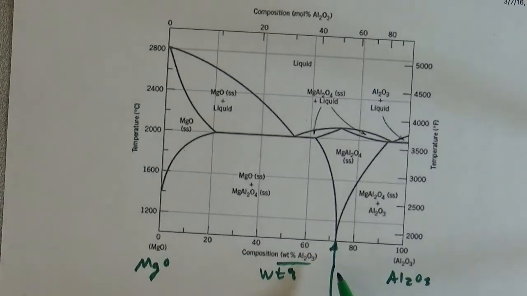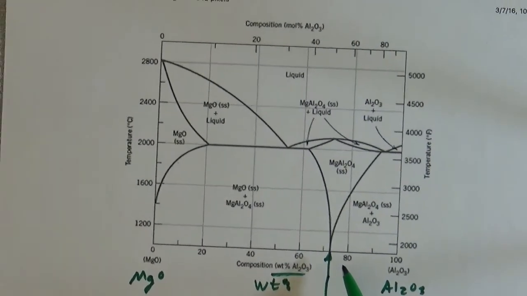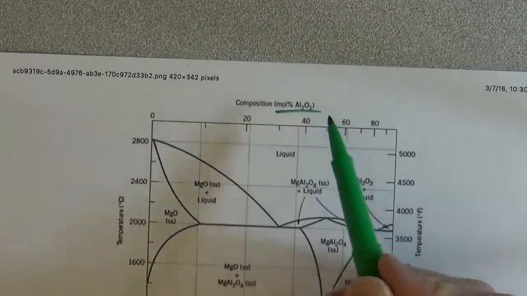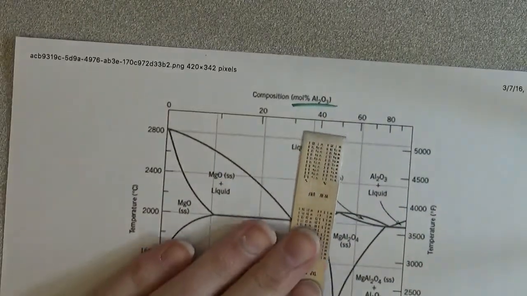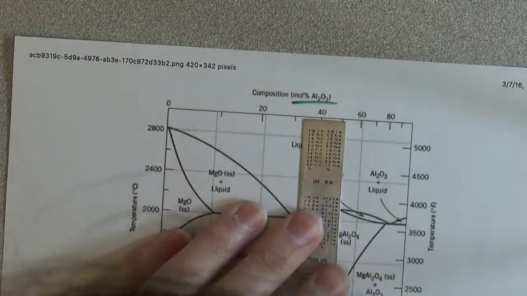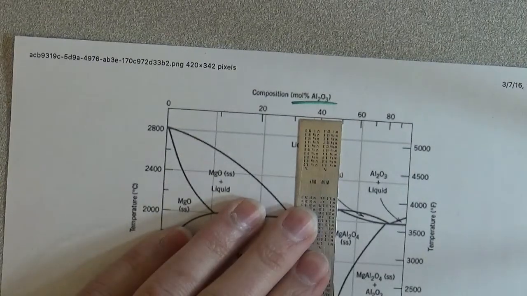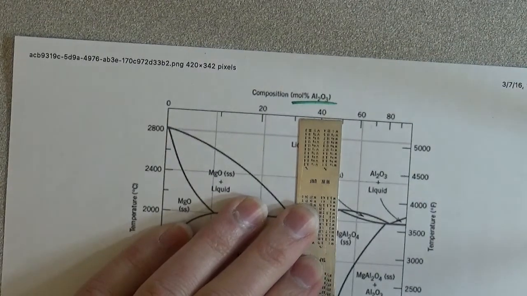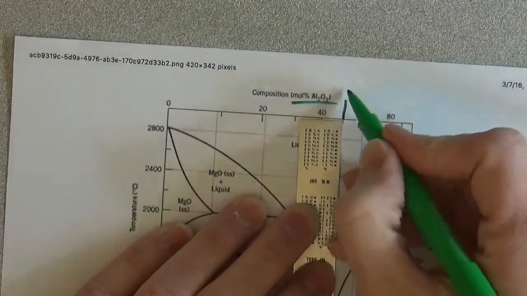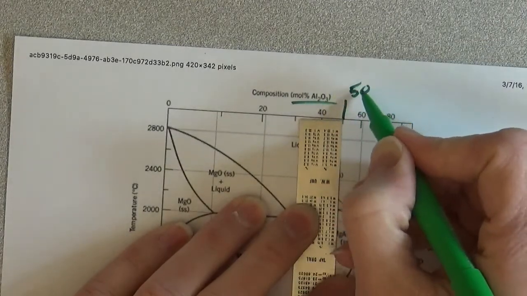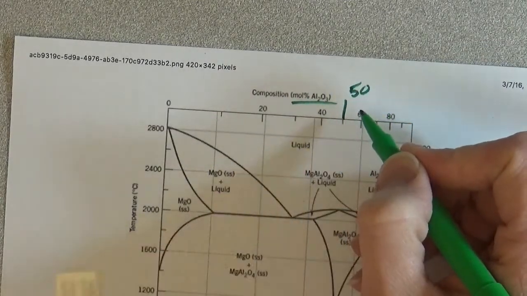around 73. But here at the top, this is mole percent or atomic percent, and if you look, that gives us about 50. Well, not about, it gives us exactly 50, right?